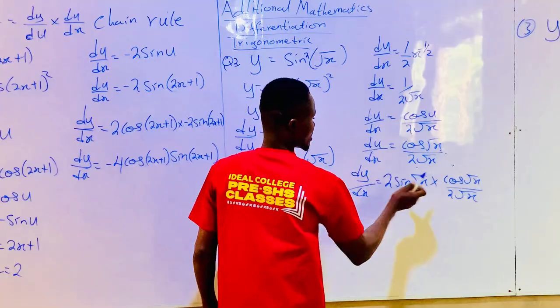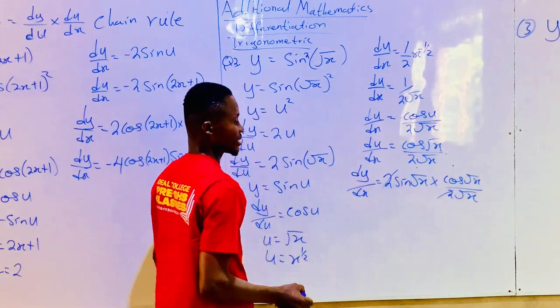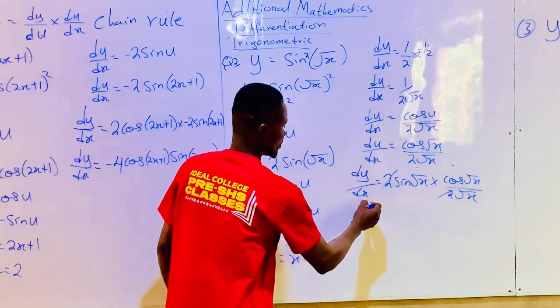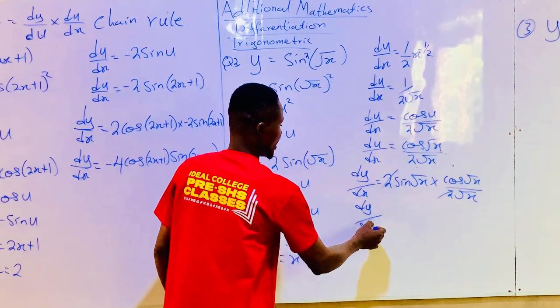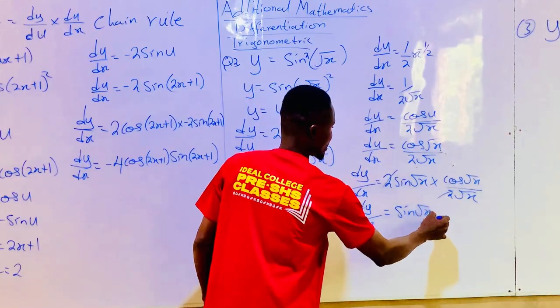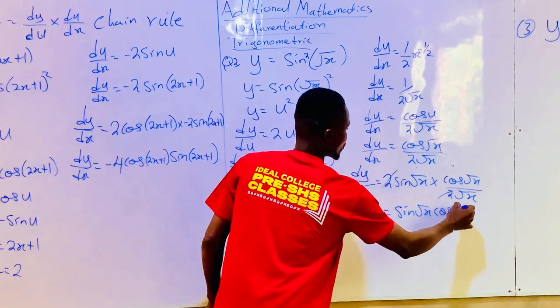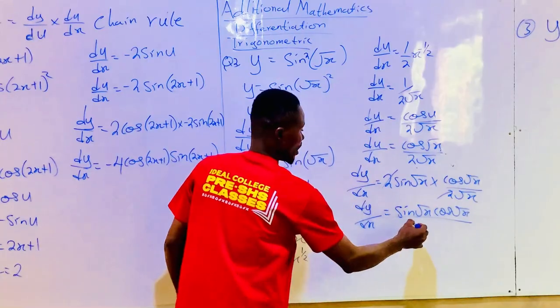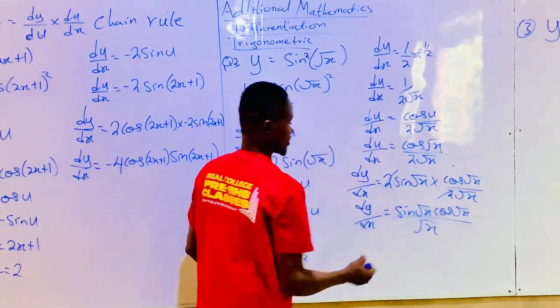So we can see something is happening here. We'll cancel this. So we now have dy over dx will be equal to sine root of x cos root of x all over root of x.